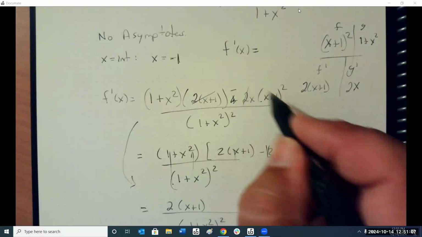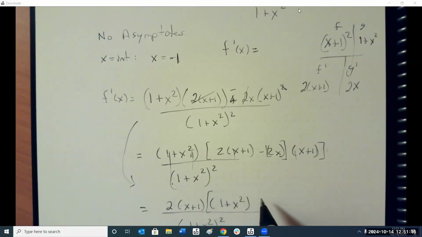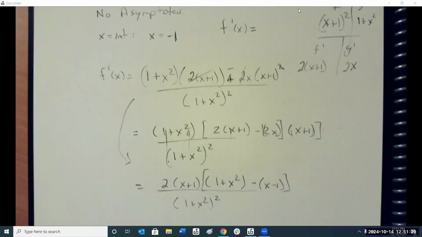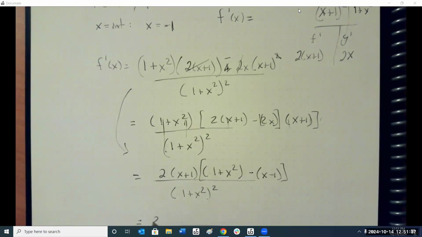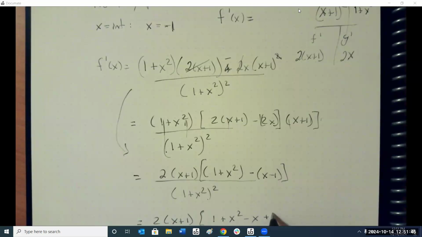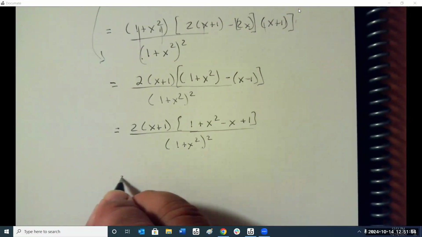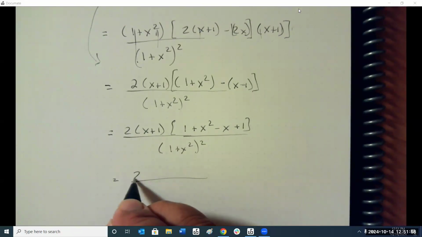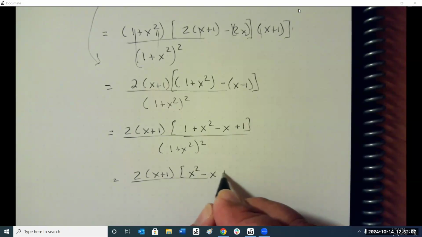So then I have a 1 plus x squared minus x minus 1, giving 2 times x plus 1 times x squared minus x plus 2.